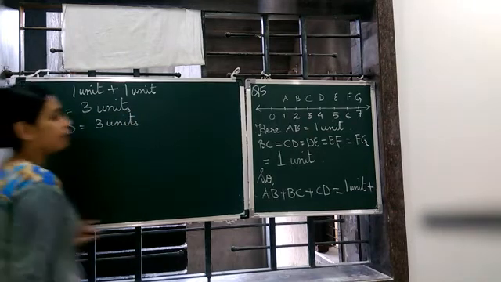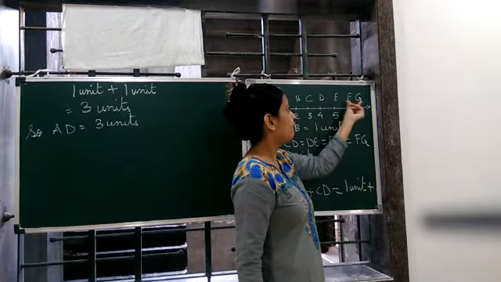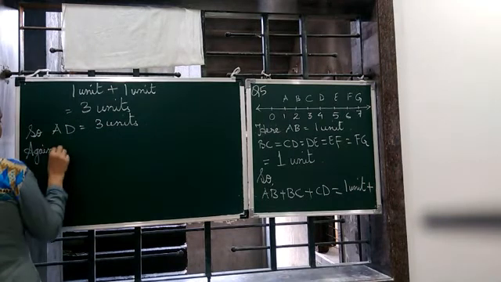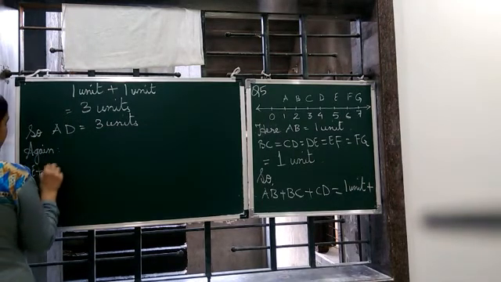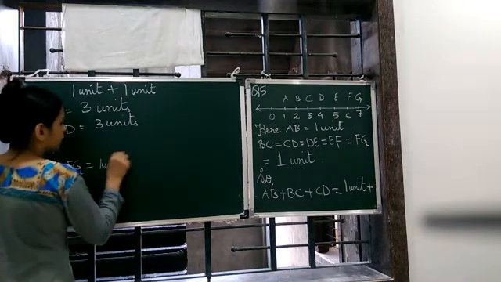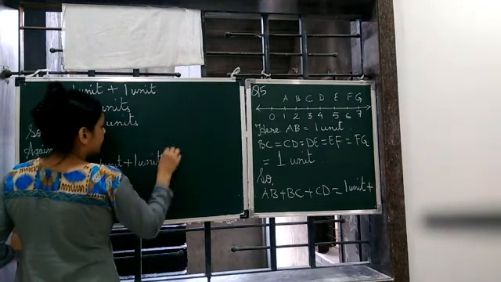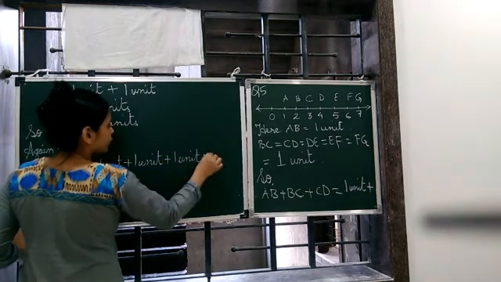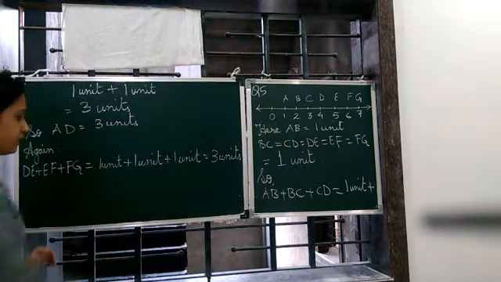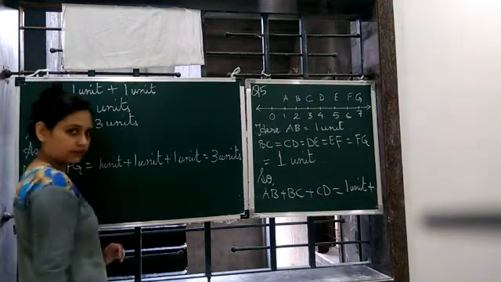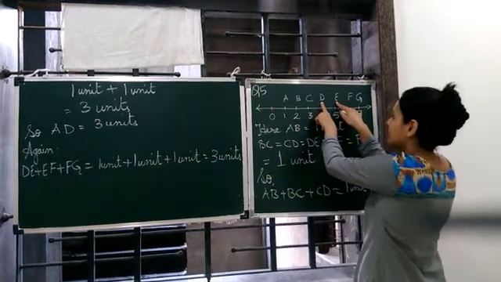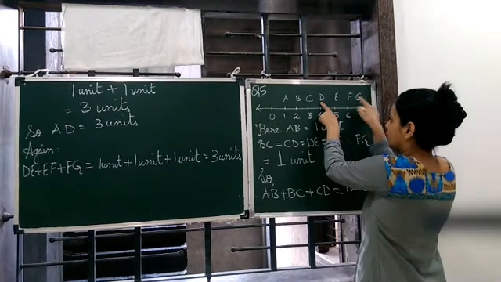Now if we talk about DE, EF and FG. DE plus EF plus FG is equal to 1 unit plus 1 unit plus 1 unit, which is equal to how much? 3 units. 1 plus 1 plus 1, 1, 2, 3. Now here also DE plus EF plus FG is equal to DG.